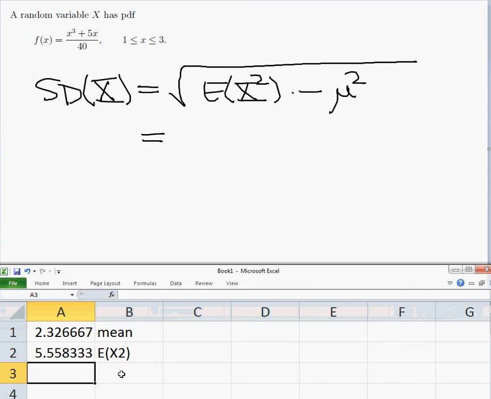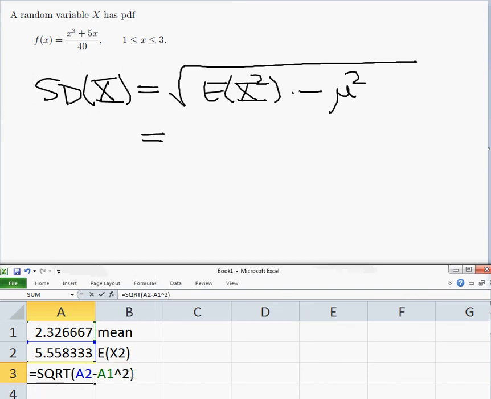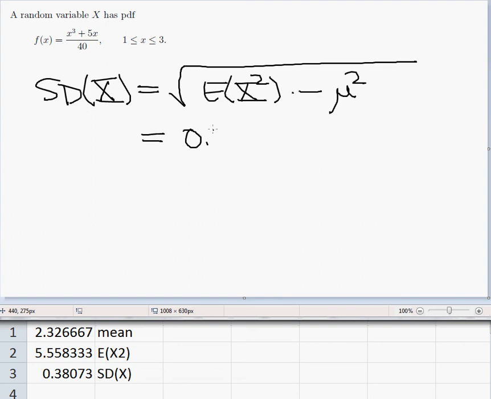So for this problem, the standard deviation of x would be equal to the square root of the expected value 5.5583 bar minus 2.326 bar squared, which gives me a standard deviation of 0.38. Rounding off to 3 decimal places, 0.381. So that is the standard deviation of the random variable.